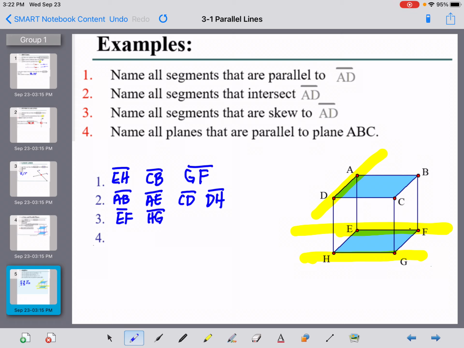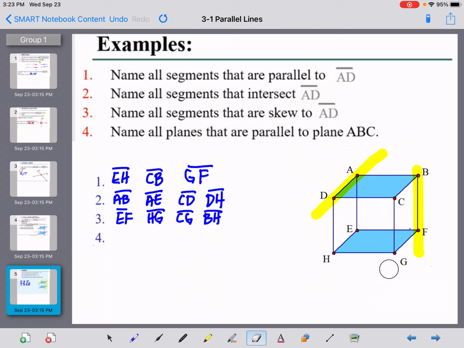All right, neither one of those are parallel. They're going in a different direction. And let's see, do we got any others? I believe so. CG and BH. Any other ones?